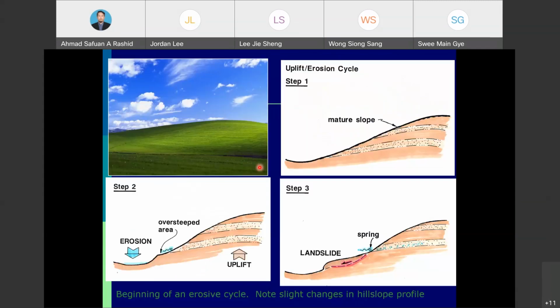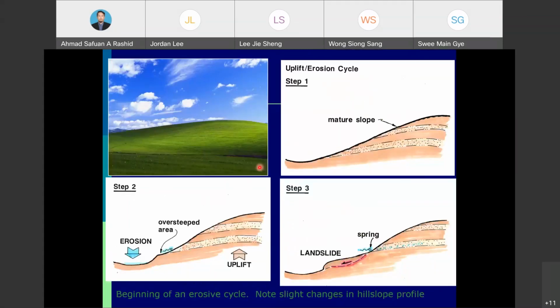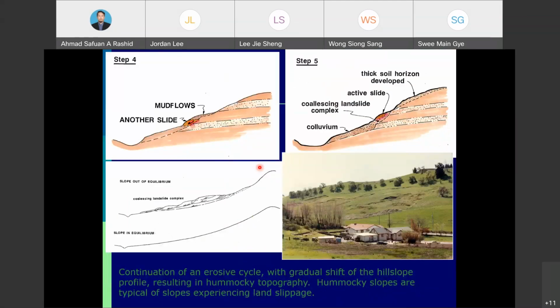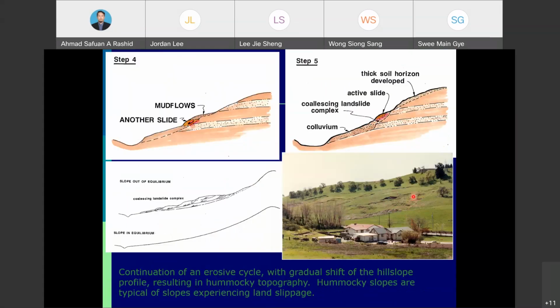So this is another example to explain the erosive cycle. It changes from step 1, step 2, step 3, until step 5. This is the existing slope, then it changed to this kind of new topography.